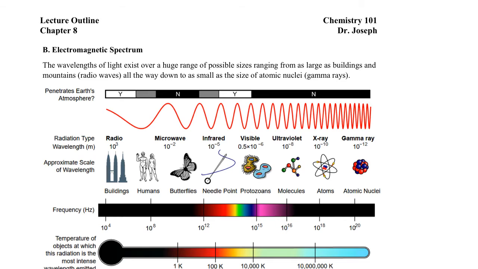And as you saw earlier on the previous page, we know that the energy of light is inversely proportional to its wavelength. So if we have very small wavelengths, right, down here very small wavelengths, we have very high energies.